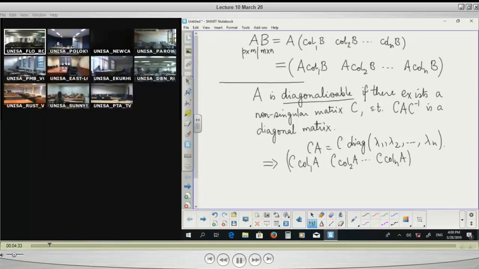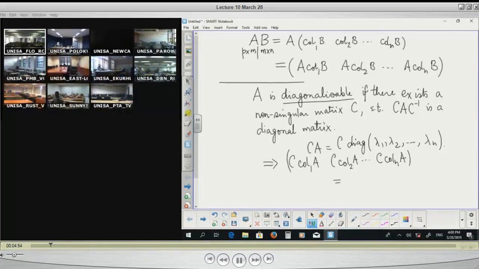This is equal to C times lambda 1 0 0 0 0, right?